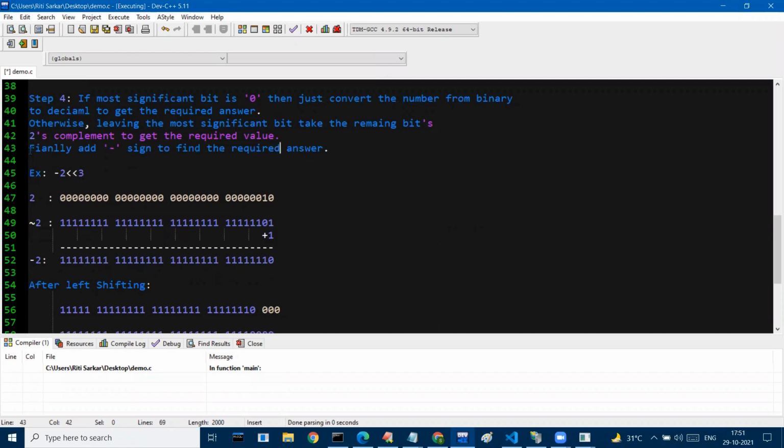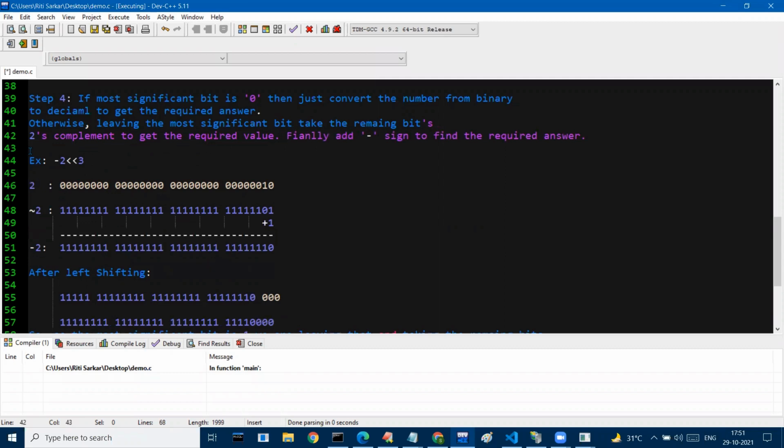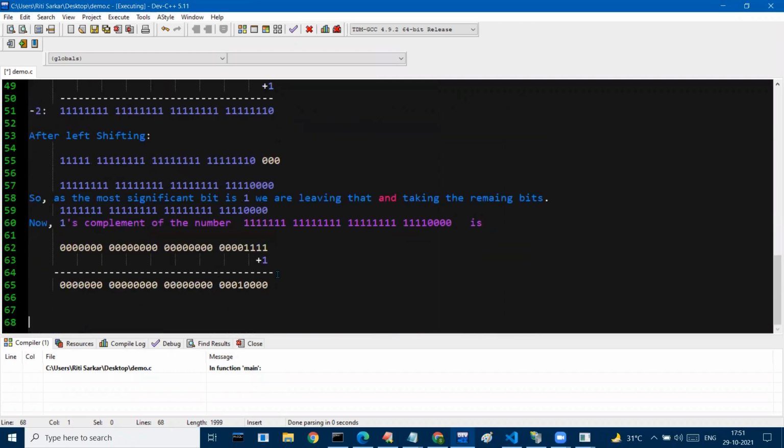So this is in the otherwise part. What is the value you got here? 16. And what about the final result? They ask you to add that minus sign, so minus 16. Let us verify it once.